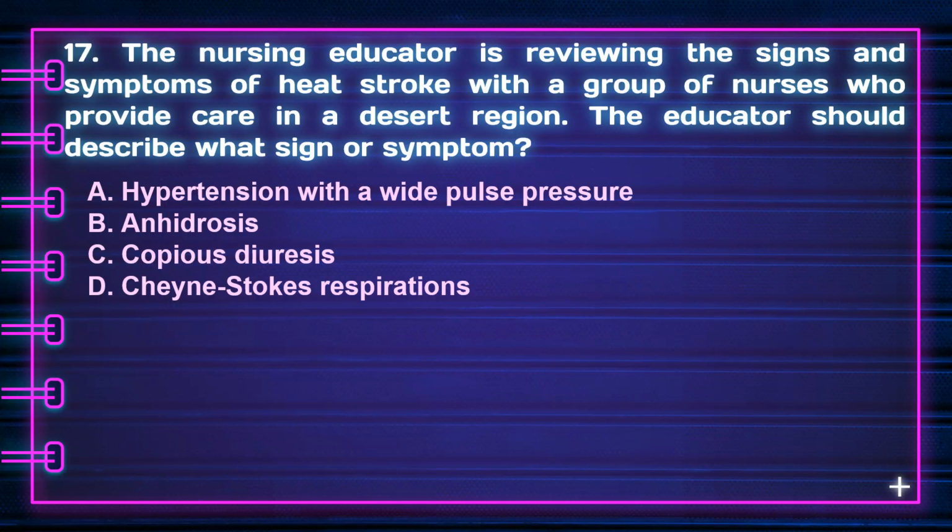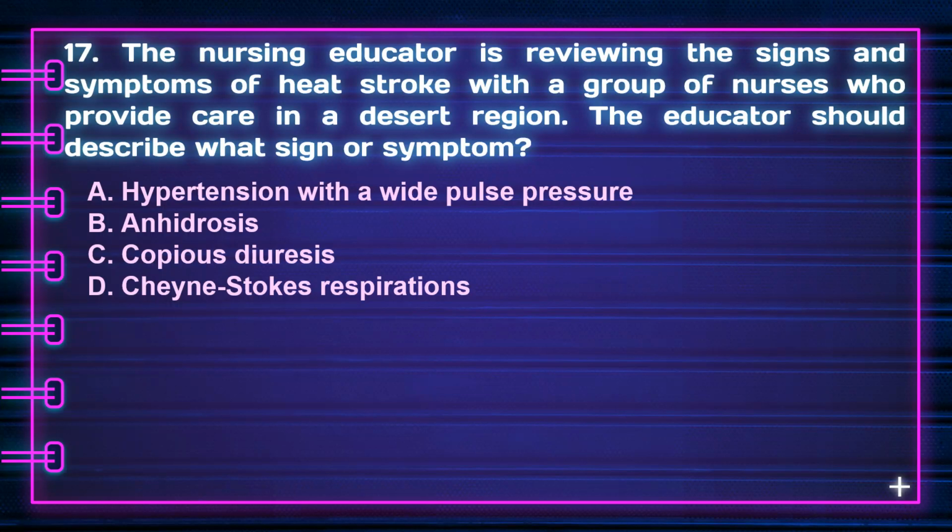So the best answer here is what? Is it hypertension with a wide pulse pressure? Is it copious diuresis? Letter C is wrong, and letter D is actually wrong as well. So the best answer here is letter A, hypertension with a wide pulse pressure.